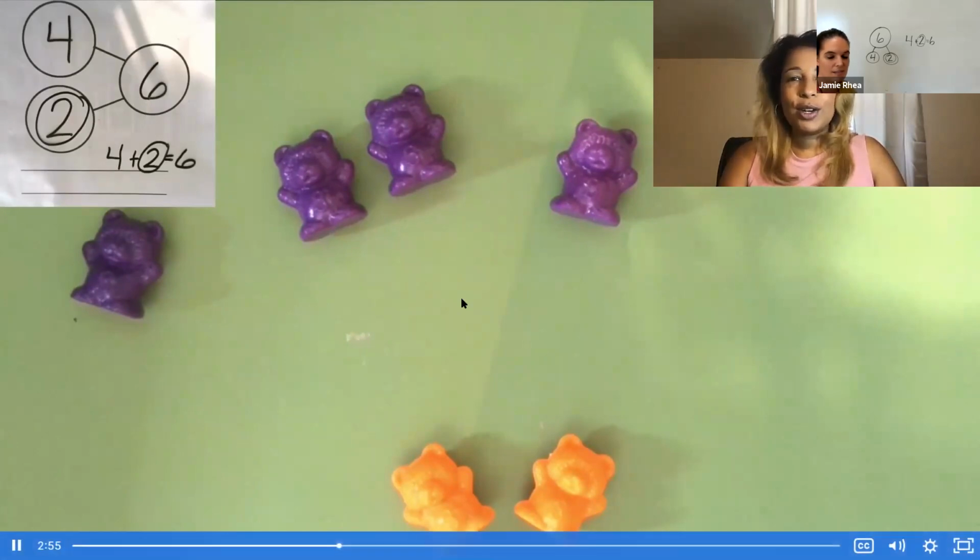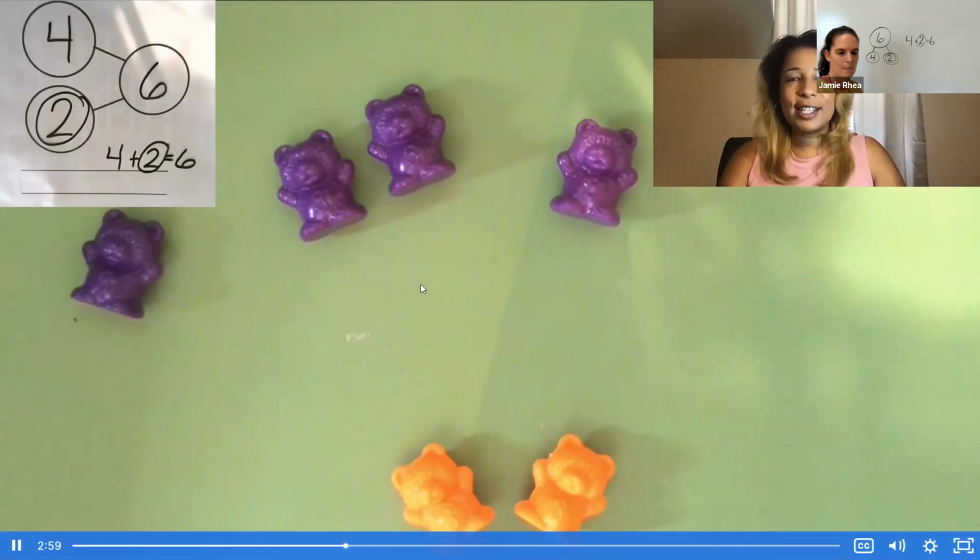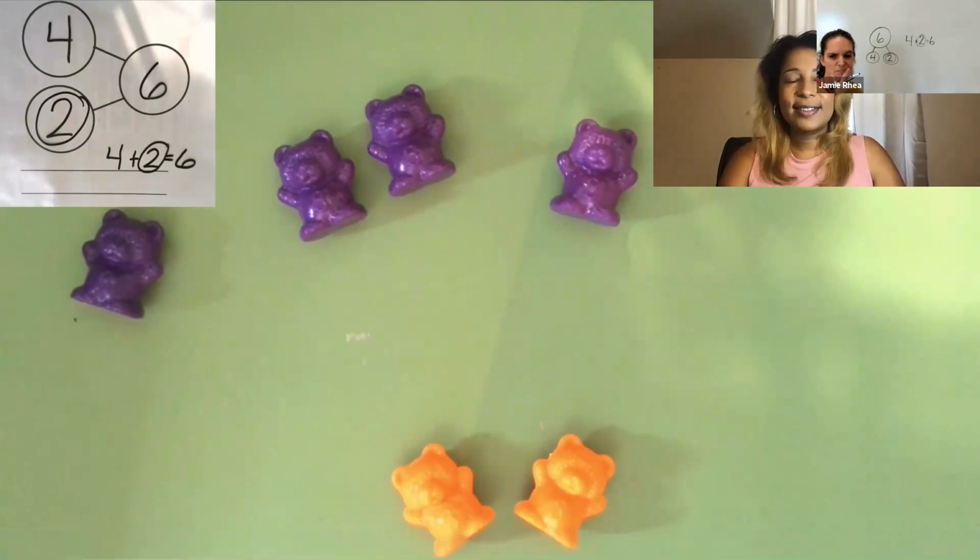Talk to a partner, or you can just tell me how we could write this as a subtraction sentence. Remember, she said we already had the total and one of the parts to help us. So do you think maybe not having a part is going to help us write a subtraction sentence?